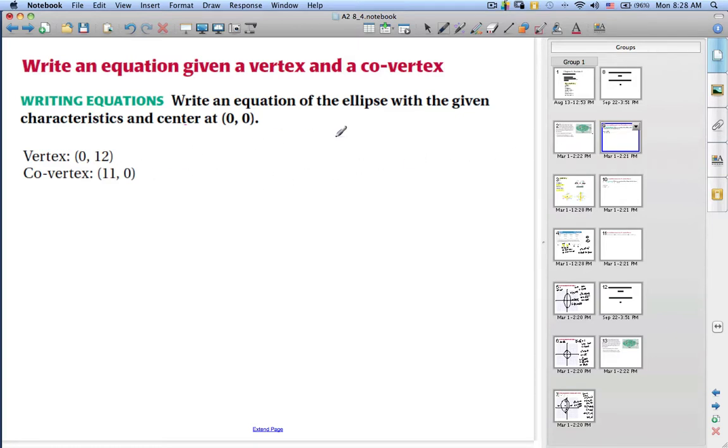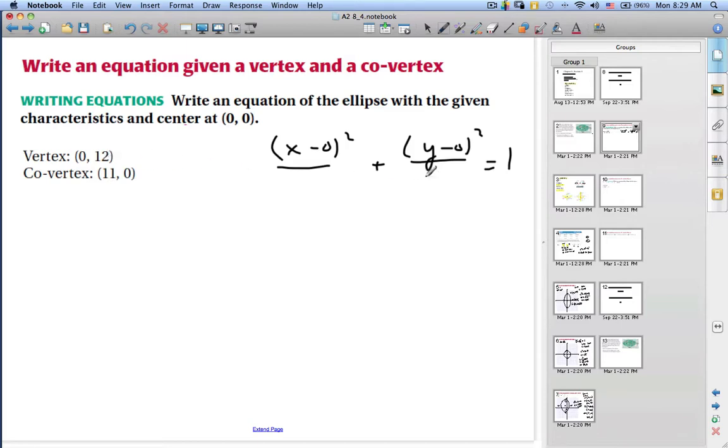So if I want to take these items and I want to write them into an equation, I have a center at 0, 0, so I know I'm going to have x minus 0 squared. I always have a plus here, y minus 0 squared, and I know it's going to equal 1. And then I have to take a look at my values and think about when I moved from center, what direction did I move? Well, if you look for my vertex, I moved from center and I moved up 12.